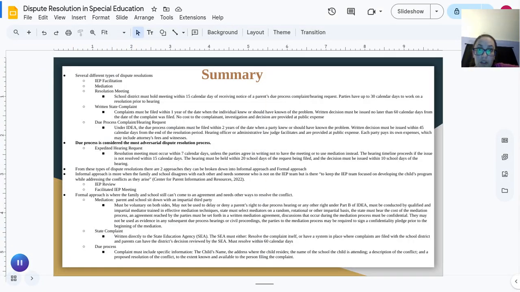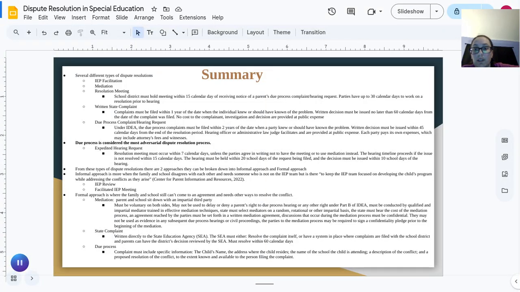They may not be used as evidence in any subsequent due process hearings or civil proceedings. So, like, if a parent takes a school to court, these proceedings cannot be used in that type of situation. The parties to the mediation process may be required to sign a confidentiality pledge prior to the beginning of the mediation.